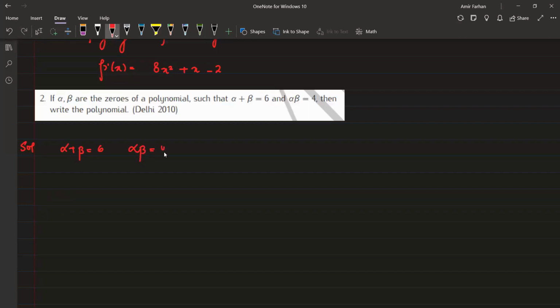Alpha into beta value is already given, so p of x will be equal to x square minus alpha plus beta x plus alpha into beta, that is x square minus 6x plus 4. This is your answer. Please let me know, is this clear or not?